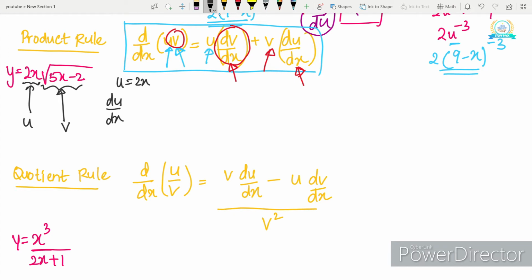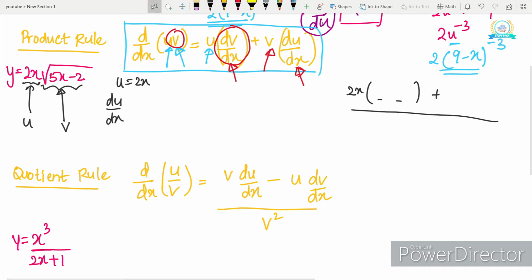Once you get used to it, you'll simply write 2x and then the differentiation of that, straight in one line. Since it's the beginning, I'll show you all the steps.